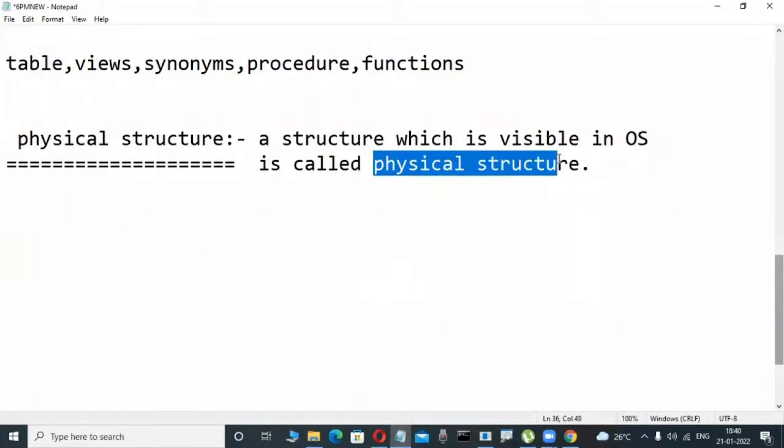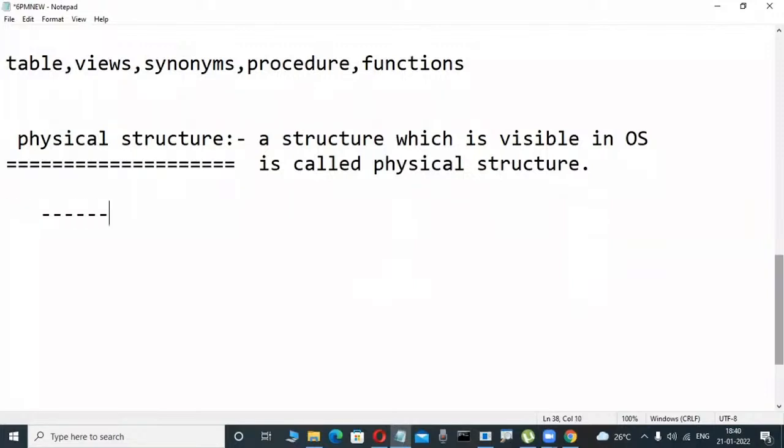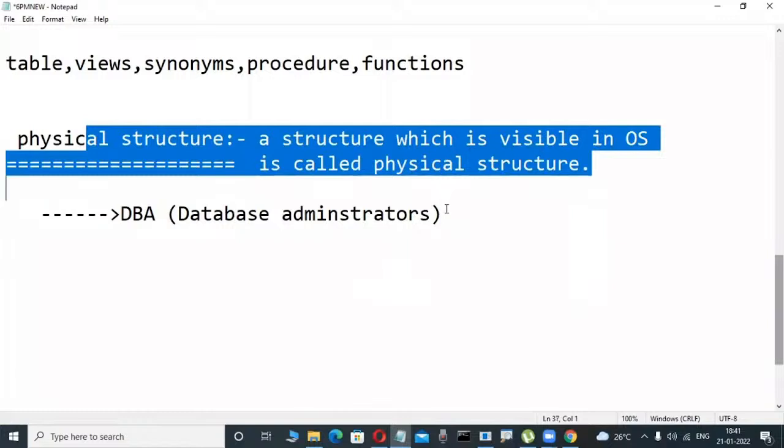But the physical structure is not what you and I work with. Some different type of persons work with it: the DBA, the database administrator. In a project, there are other types of persons in a database, but only the database administrators work in the physical structure.